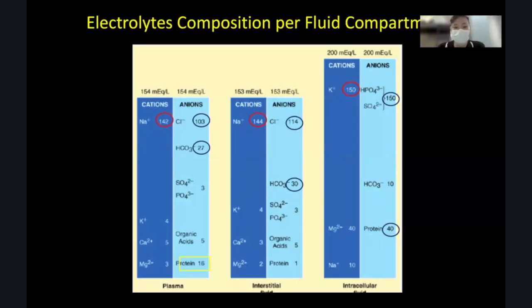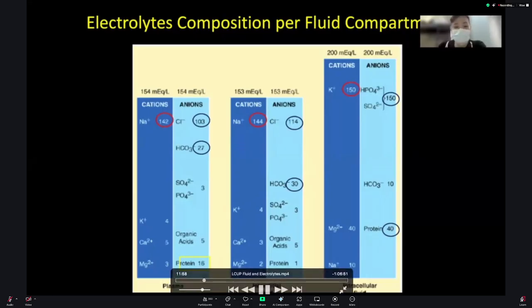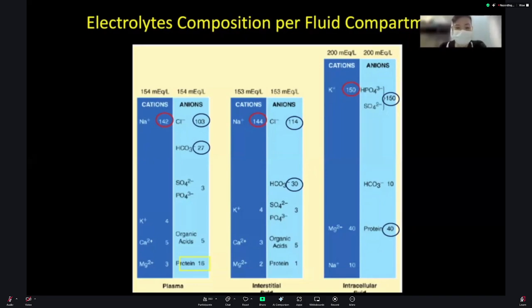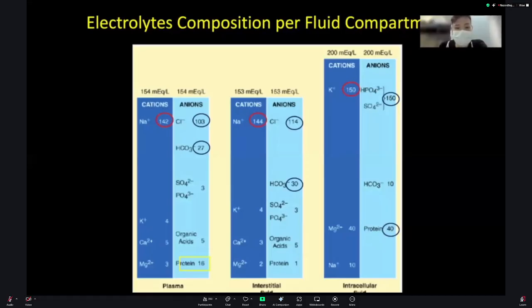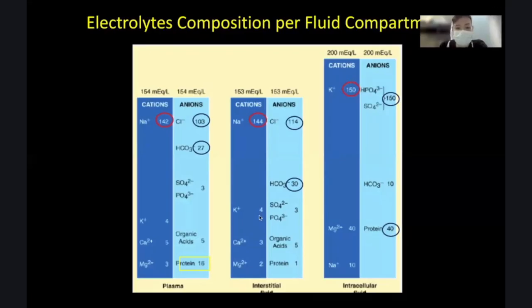For the extracellular fluid compartment, you have your cations and your anions. I'm sure you're already familiar with this. This was discussed during your physiology class when you were in first year. So the major cation in your extracellular fluid compartment would be sodium. And the major anions would be chloride and HCO3.